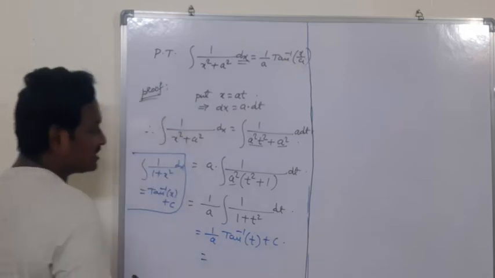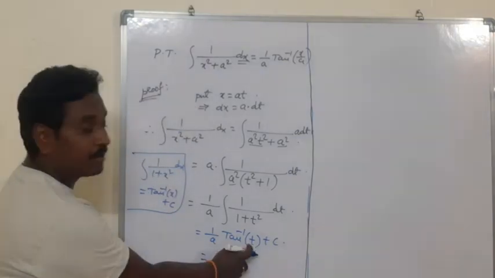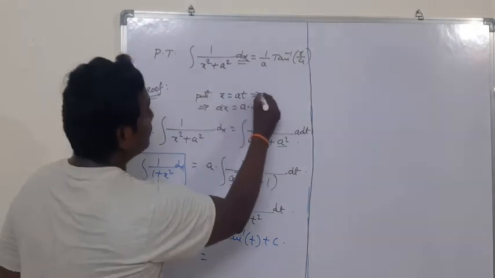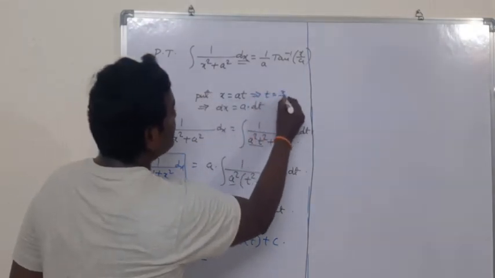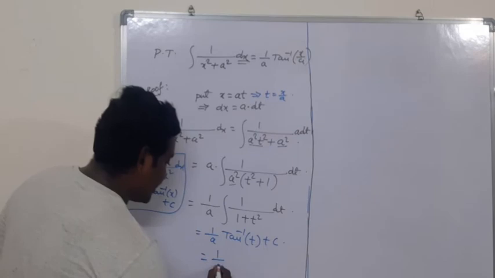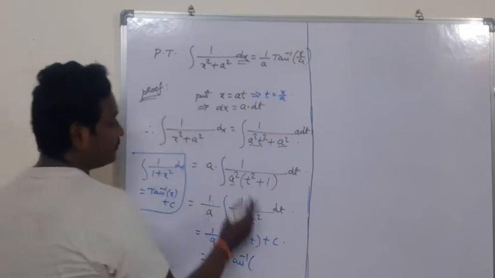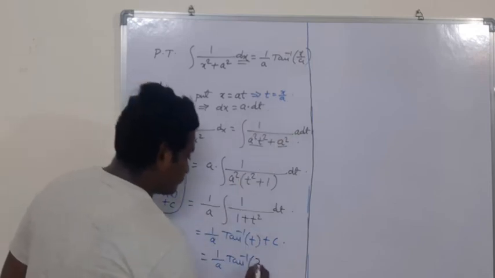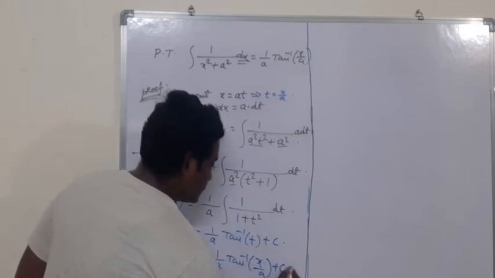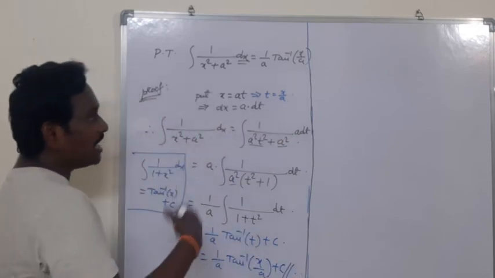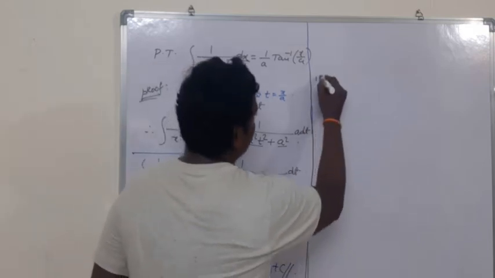But at the last step, we should replace the value of t here. What is t from this? t is equal to x by a. So you will get 1 by a into tan inverse of x by a plus c. Similarly, we can prove the remaining formulas also.